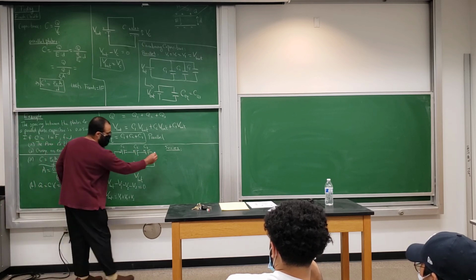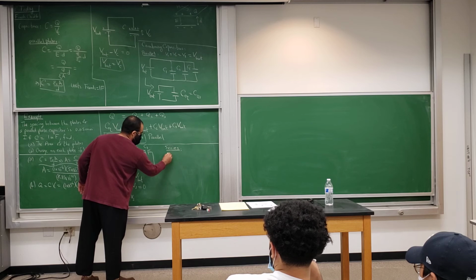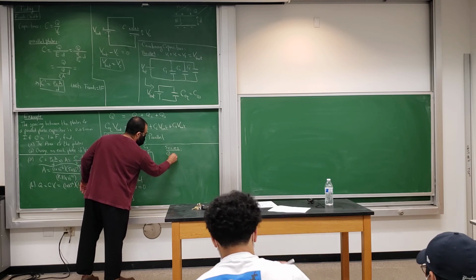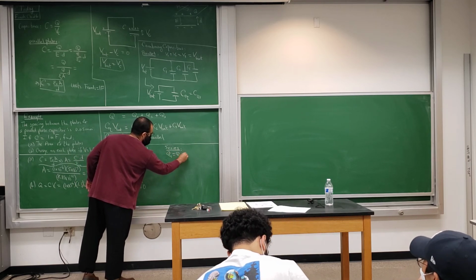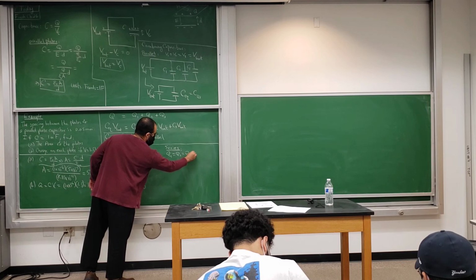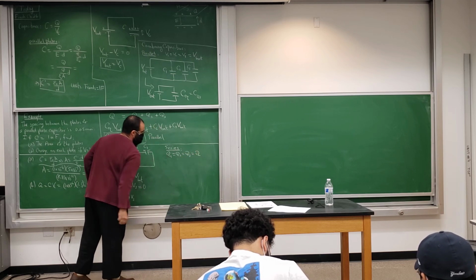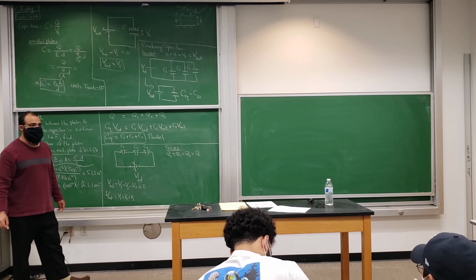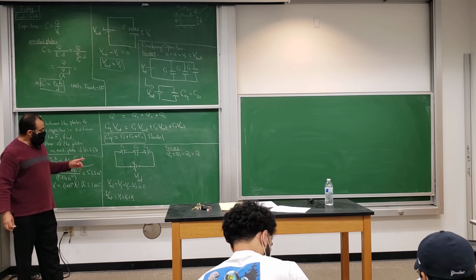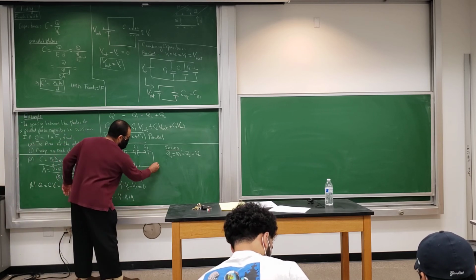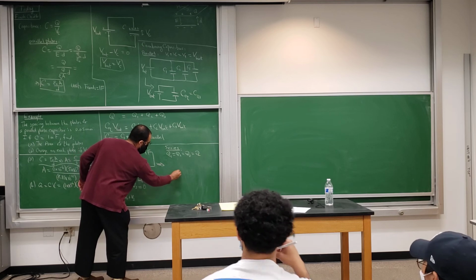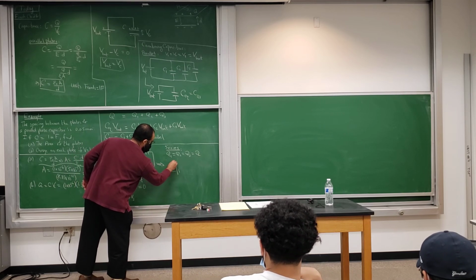So in series, what's special is this: Q1 equals Q2 equals Q3, and they're equal to just the total charge. That's the total. Now, if I were to replace them by another capacitor that looks like it, the situation will look like this.